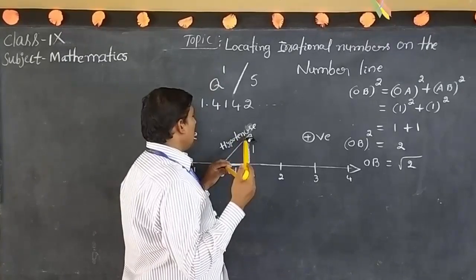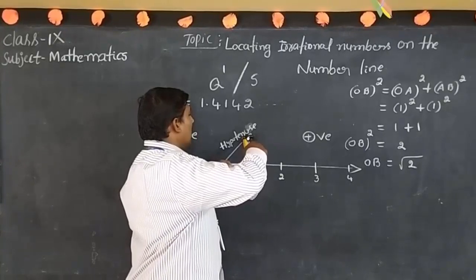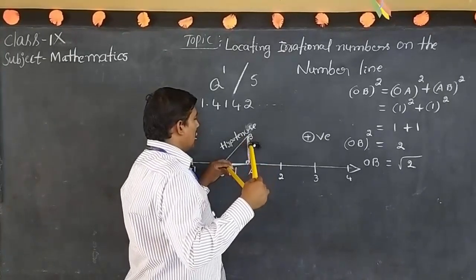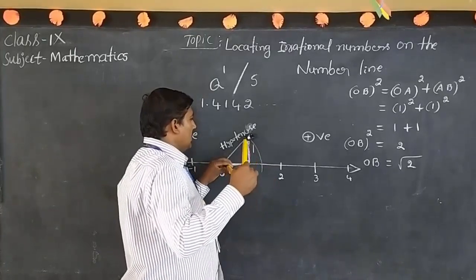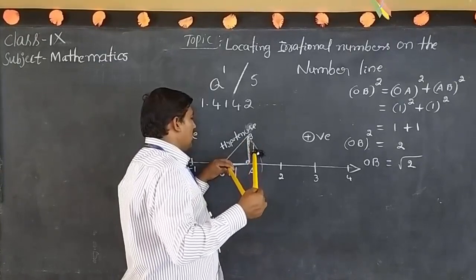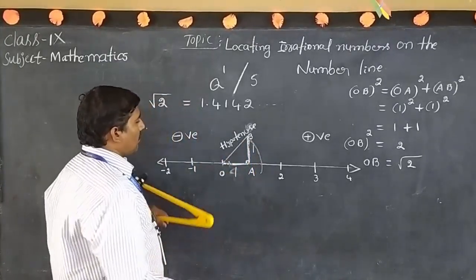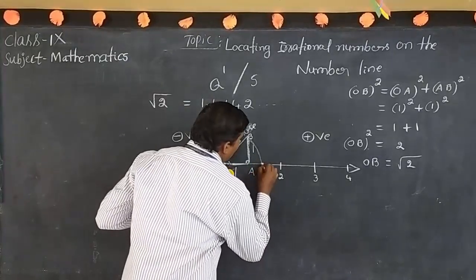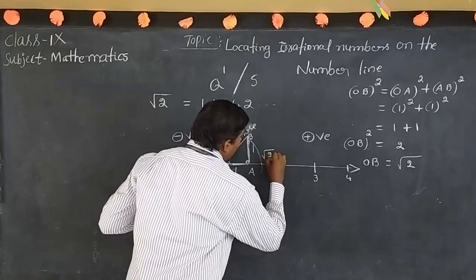See here too, one arc we will draw, then it is possible to get this value, 1.414. This is the value of root 2.